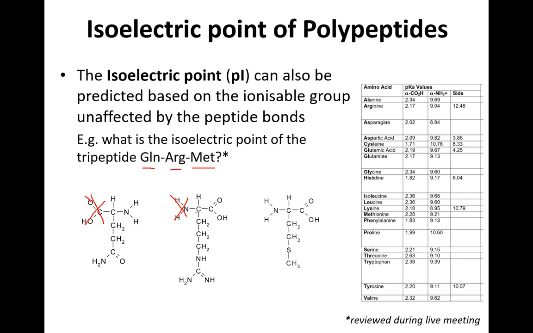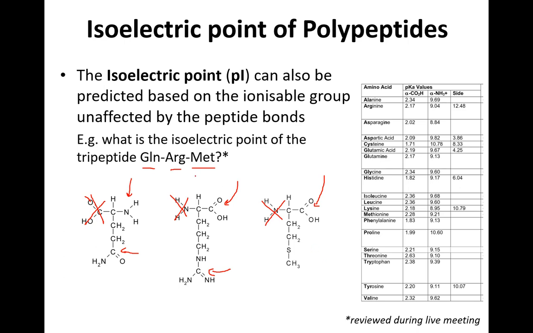So we'll be left with this, and this will react with this, and then you end up with this carboxyl group at the end. So glutamine was flipped in this example. Once you draw your tripeptide, you will be left with a group associated with this amino group, and so on. And this will be discussed in class, how this translates into predicting the isoelectric point.